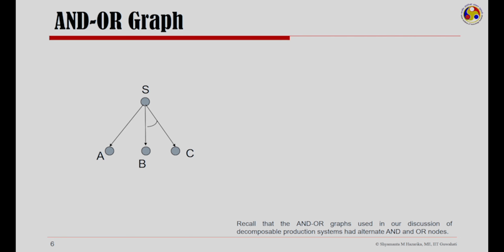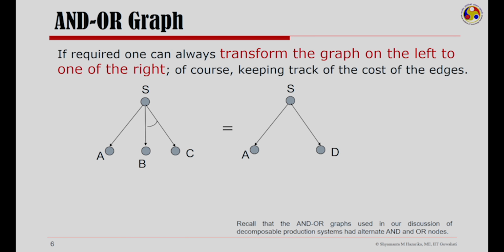So, let us look at this with an example. Here is our graph S with an A and a 2 connector leading to B and C. We can replace this with the graph on the right, where we maintain the fact that there are 2 possibilities of solution for S, one going to A and the other going to B and C together.